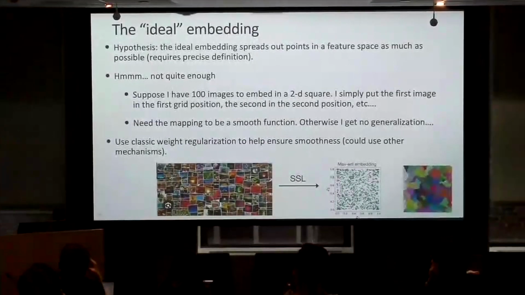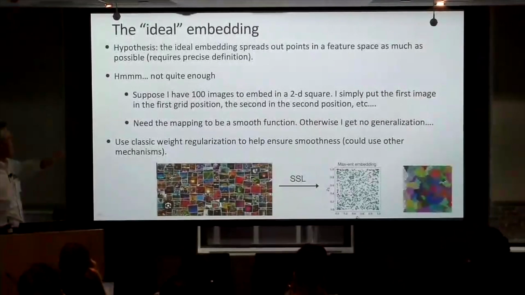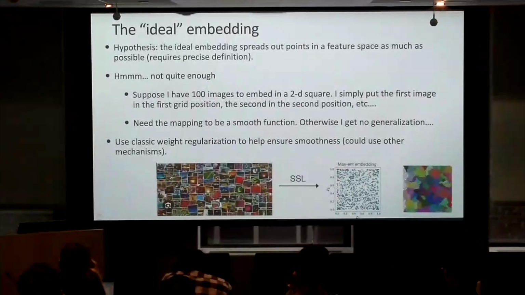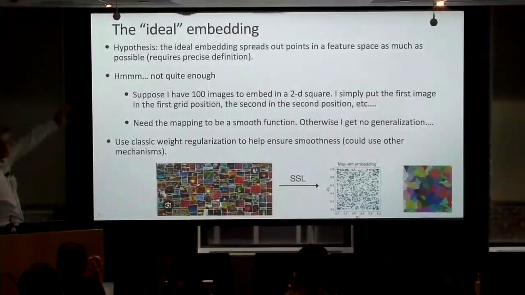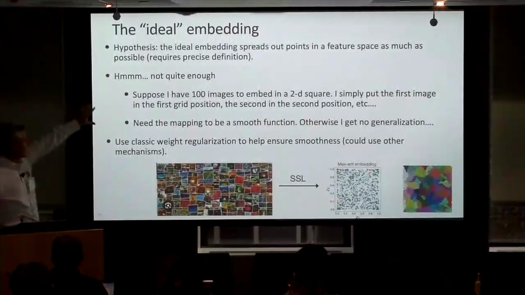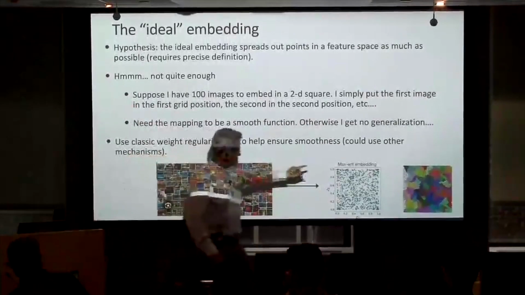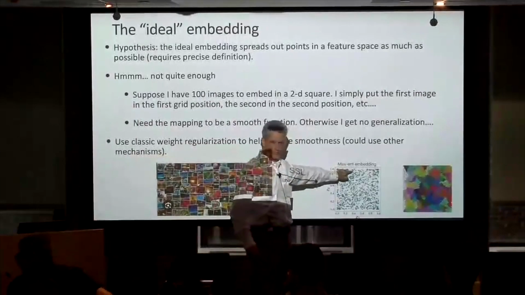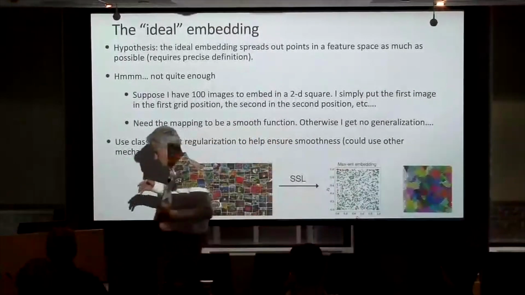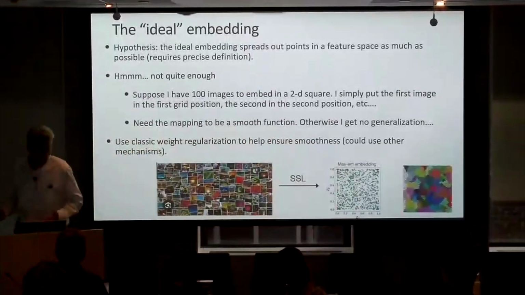So what is the ideal embedding? My hypothesis is, and others have had this hypothesis, that the ideal embedding spreads out points in a feature space as much as possible. Of course, that's not quite enough, because if I have 100 images, I could literally put the first image here and the second image here and the third image here without any regard to their actual content.